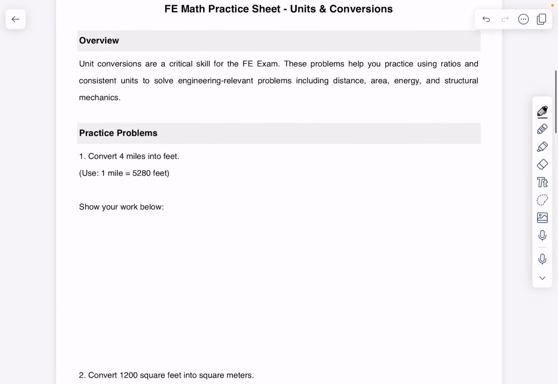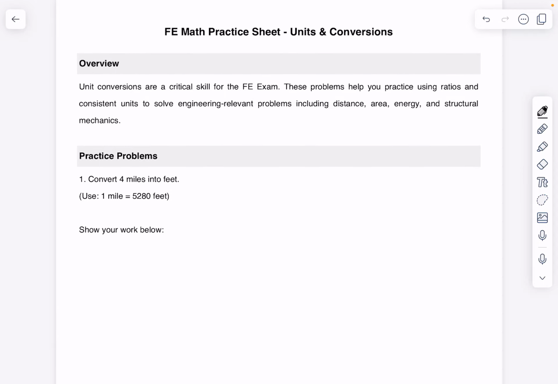Okay, the first problem here is convert 4 miles into feet. And we're going to use that 1 mile is equal to 5,280 feet. So we're going to do 4 miles and multiply that by our conversion factor, 5,280 feet divided by 1 mile, we'll say.